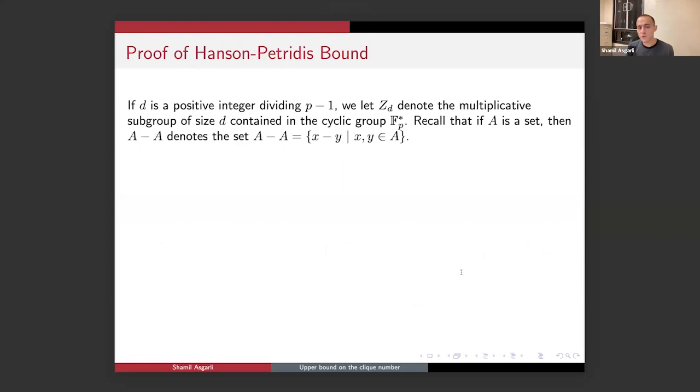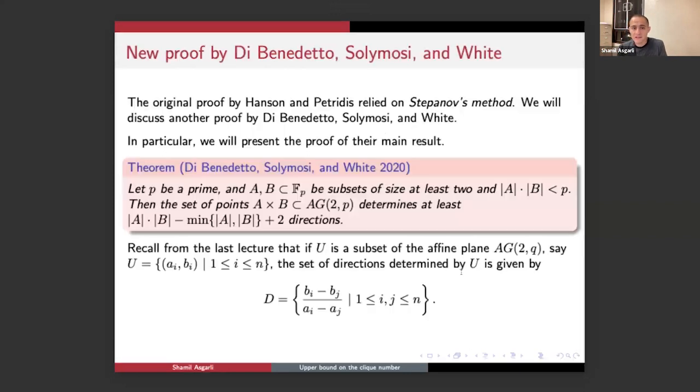Okay, so now let's go back and explain how we can obtain the Hanson-Petridis bound, the upper bound on the clique number of the Paley graph. Right? So the Hanson-Petridis bound is about controlling the size of the clique number for Paley graphs, whereas the theorem by de Benedetto, Solymosi, and White is a theorem about directions.